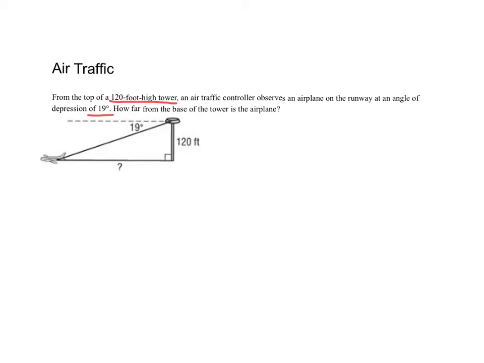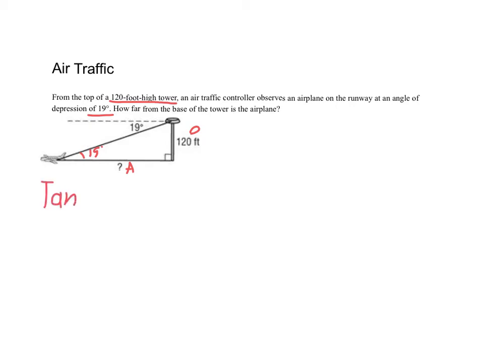Well, if that's 19 up there, that means this right here is also 19 degrees. And if that's 19 degrees, then this 120 is going to be my opposite, and I'm looking for my adjacent side. Therefore, this is going to be a tangent situation.